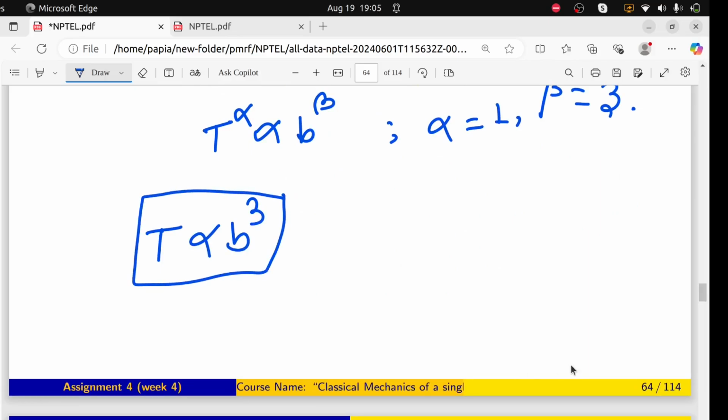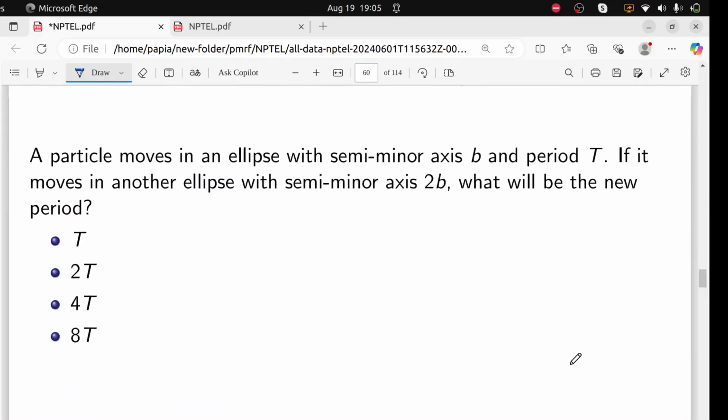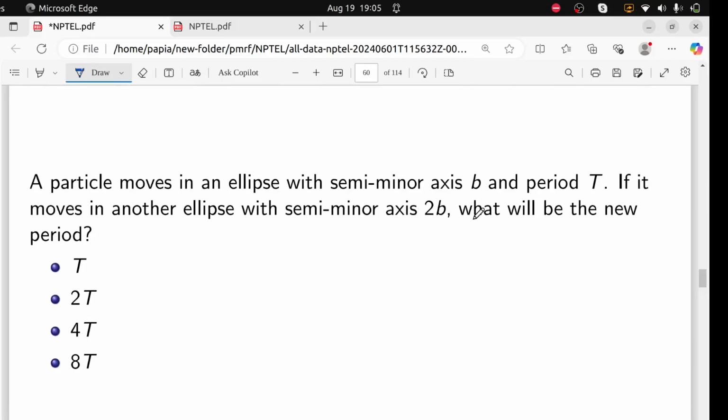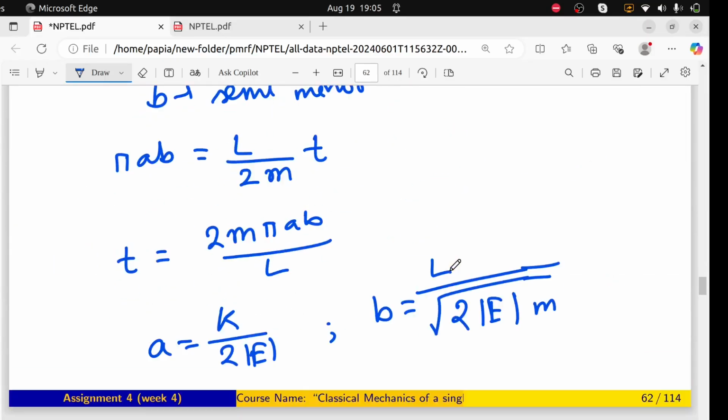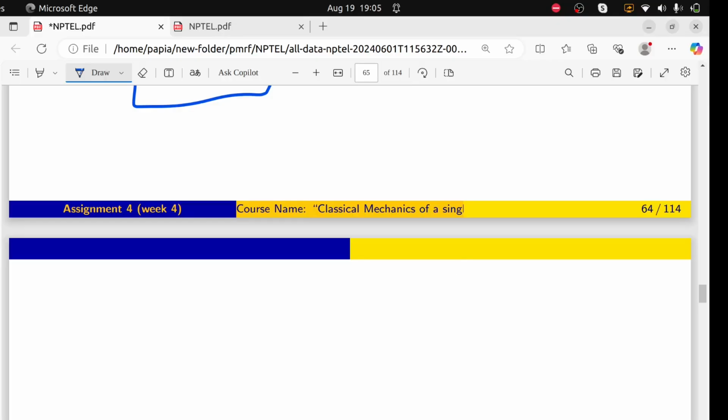Now we got the expression that T is proportional to B cube. Now come to the question again. A particle moves in an ellipse with semi-minor axis B at time period T. If it moves in another ellipse with semi-minor axis 2B, what will be the new period? Now my B is changing to 2B.